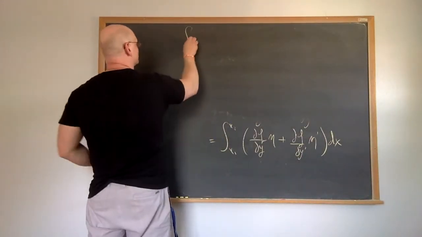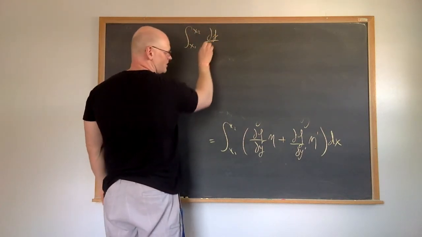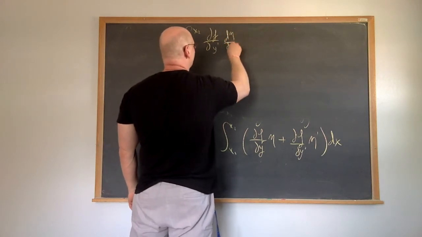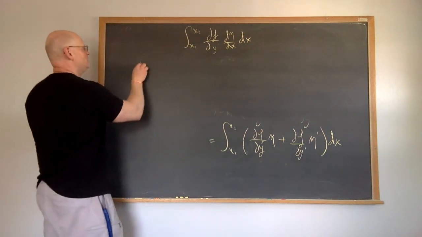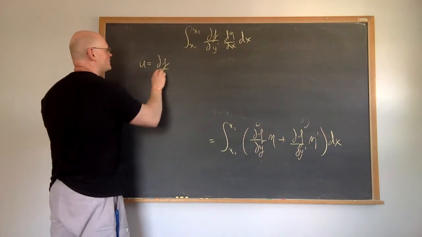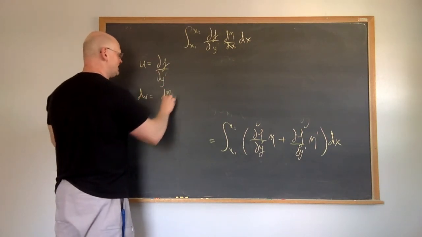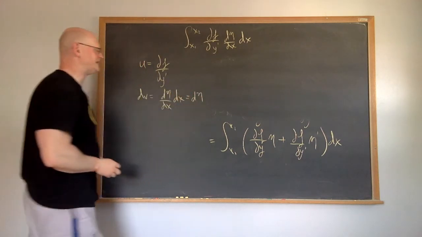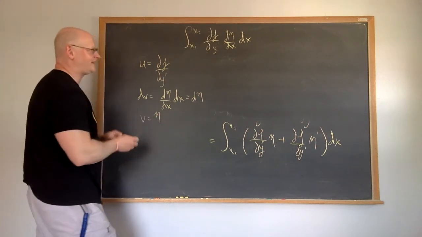So good. So I have the integral x1 to x2 of partial of f with respect to y prime times d eta dx, dx. Let's use integration by parts on this. So here, for integration by parts, we're going to use that u is equal to the partial of f with respect to y prime, and then dv is equal to d eta dx times dx, which is the same thing as simply d eta, which means that v is simply equal to eta.